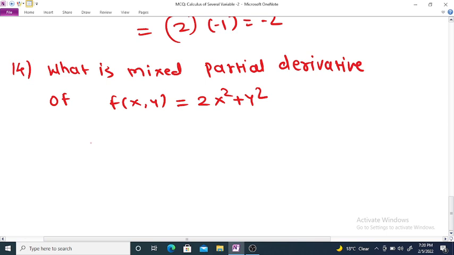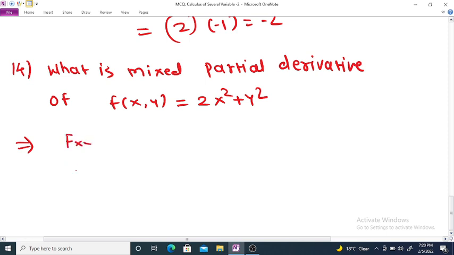It's very lengthy options, but we are going to evaluate first, or I am writing here f of xx, the second order mixed partial derivative we want to evaluate. So the options are given here.